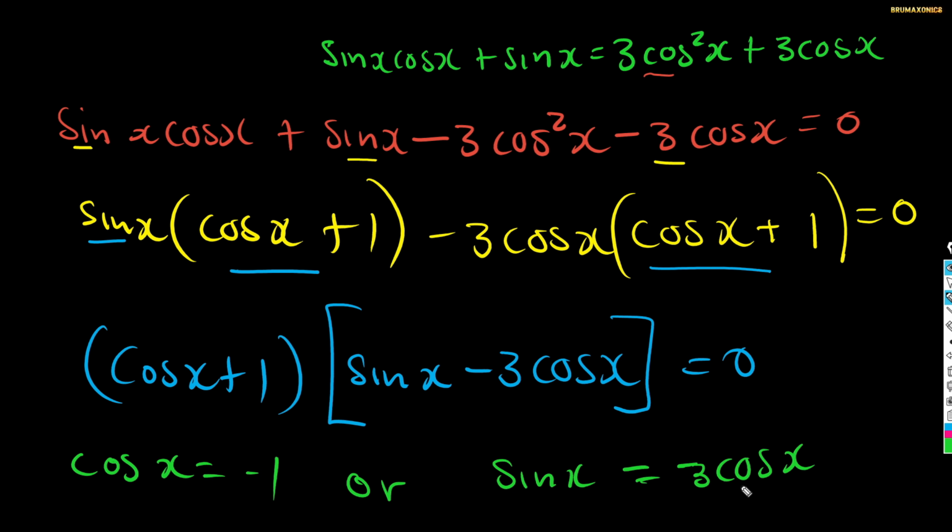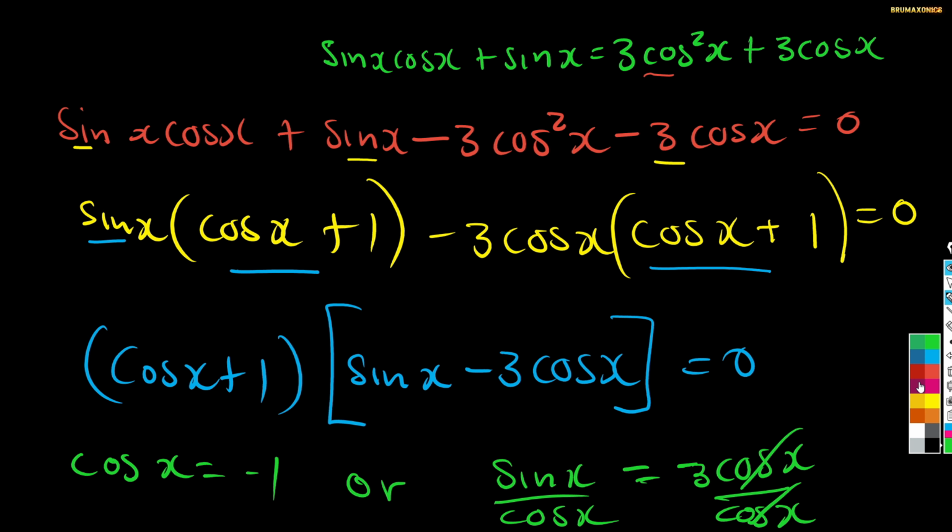So when we simplify these, we can divide both sides by cos x, just to have the 3 there. So I'm going to say cos x and then cos x, and this will eliminate that. Then I'll be left with sine over cos, which will give us a tan. Be left with tan x, which is equal to 3.